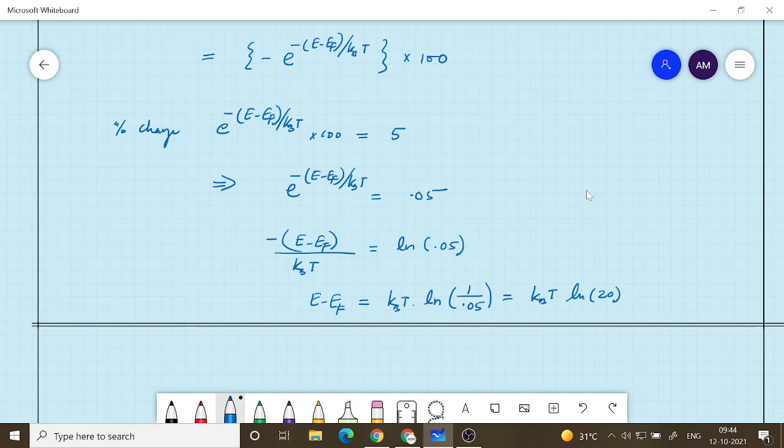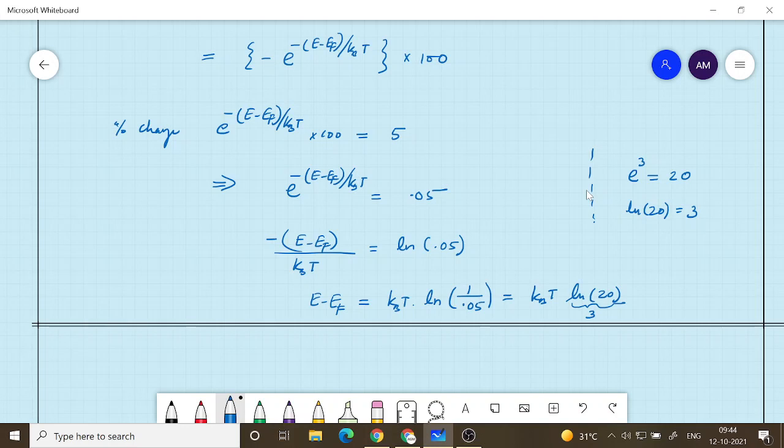Now a logarithm of 20, that is to the base e, if you take, will be around 3. Or in other words, I can say e raised to 3 is equal to 20. So therefore ln 20 is equal to 3. Okay. So this you can verify. It will come to very good accuracy.